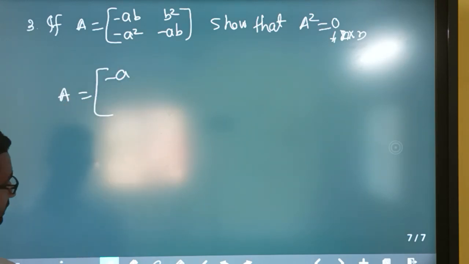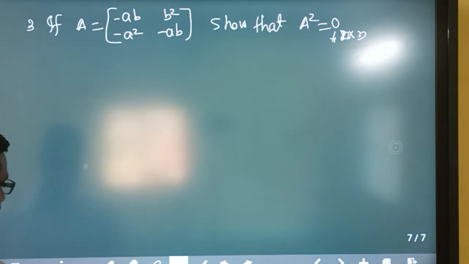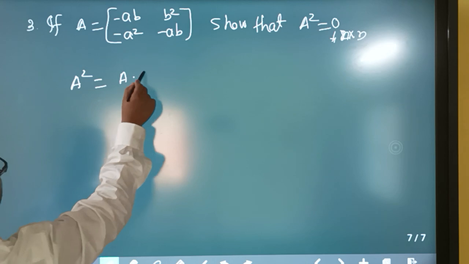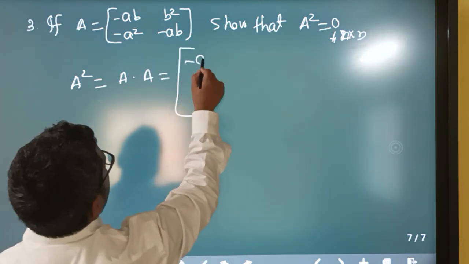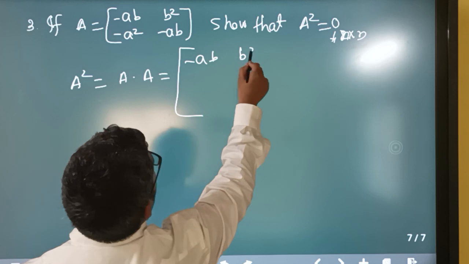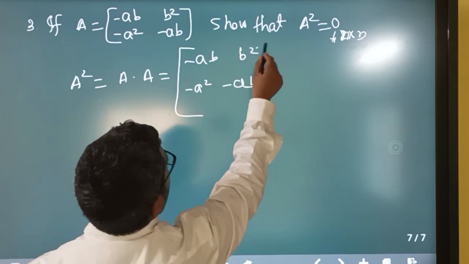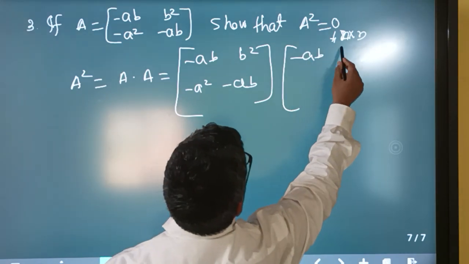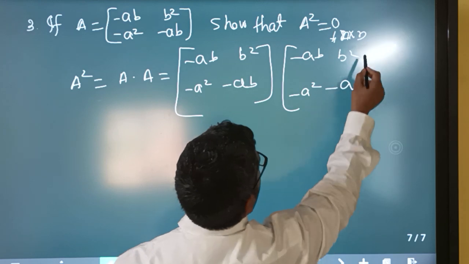Find the value of A square. A square means A dot A, which equals the matrix minus ab, b square, minus a square, ab, multiplied by the similar matrix.